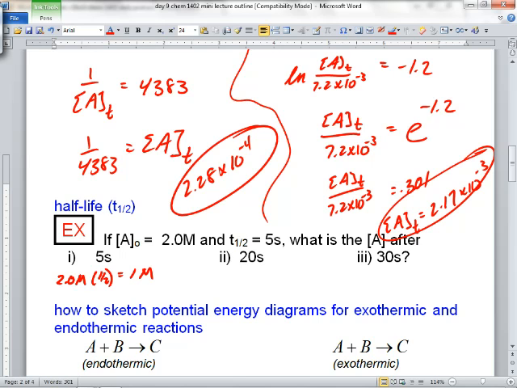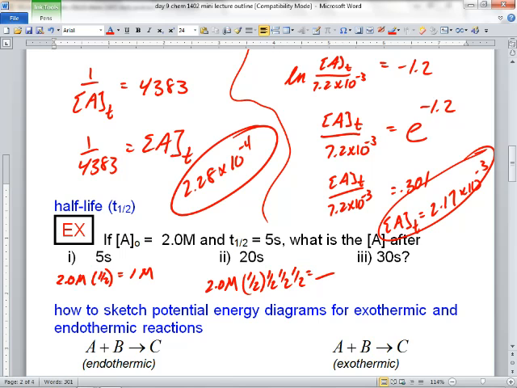Multiply half by 2, 3, 4. Multiply the original concentration times a half 4 times. And then I'll get my answer. Well, what is it? And then you got to multiply it times 2 more. Oh, really? It is. Okay.